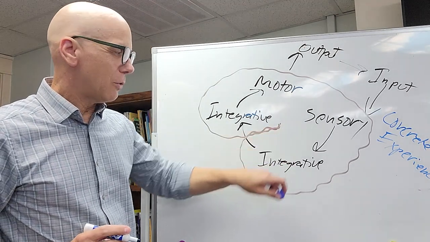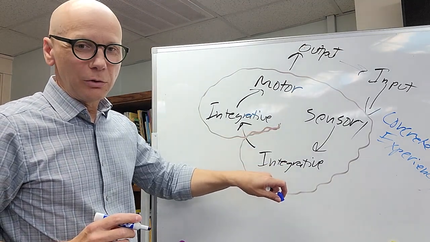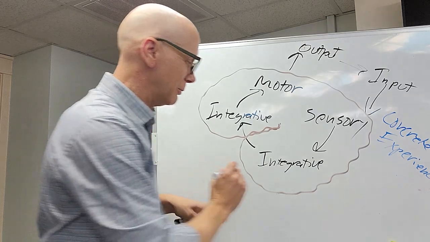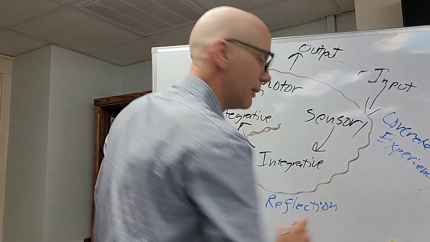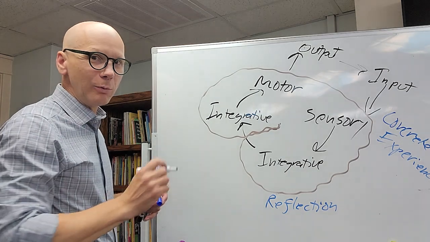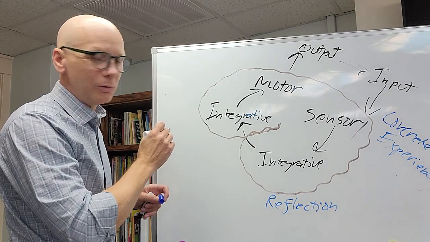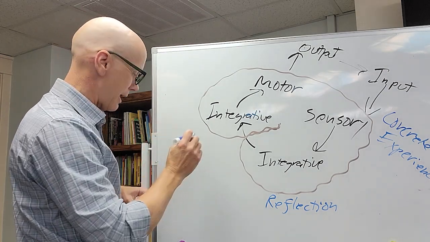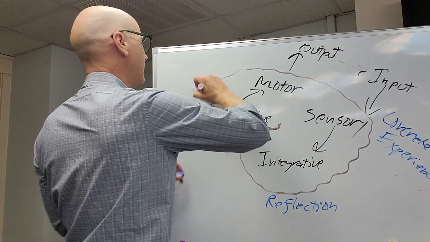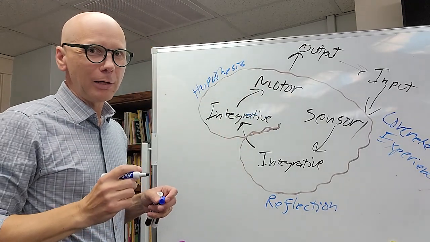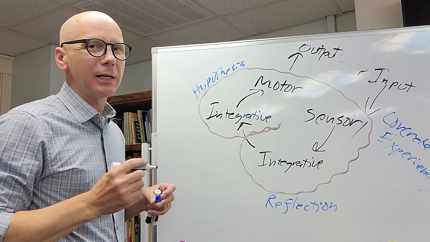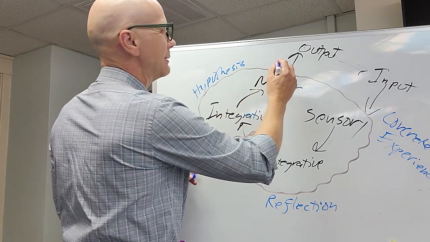And then David Kolb says we go into a reflective observation phase. And then we move from reflection into creating abstract hypotheses. And then when we have a hypothesis, then it has active testing.